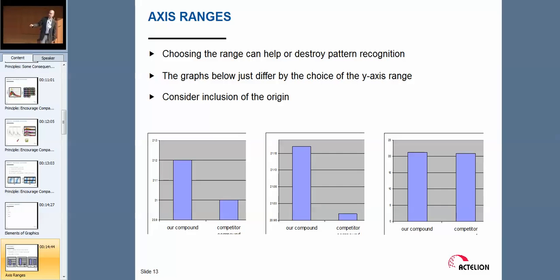Now you make the y-axis go from 20.98, so from roughly here, to 21.18. Same data, and now we are the giant, and the competitor is the dwarf down here. All right? So that's one way of showing these data, that leads to very different interpretation. And if you make the axis start at 0, and you go to 25, there's no difference. So choosing the axis, looking at the values at the axis, is actually very important.